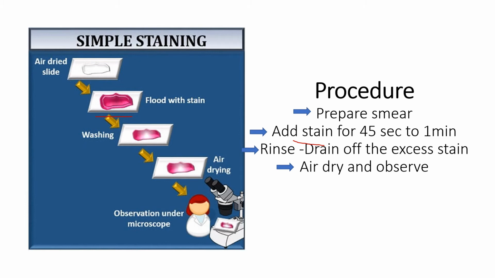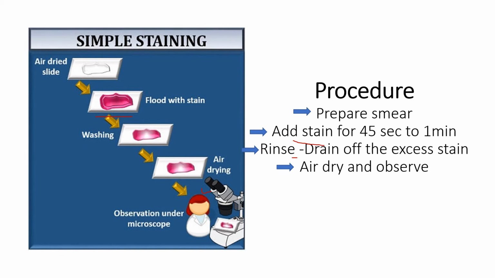Then we wash or rinse the slide so that the excess stain gets drained off, and finally you air dry the slide by keeping it in the air for some time so that the water and other stains evaporate, and then you observe it under the microscope so that you can see the different shapes of organisms.